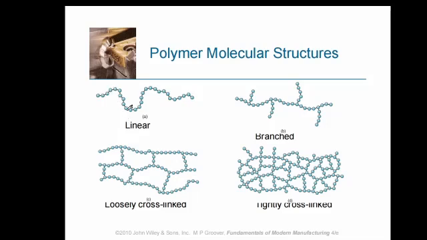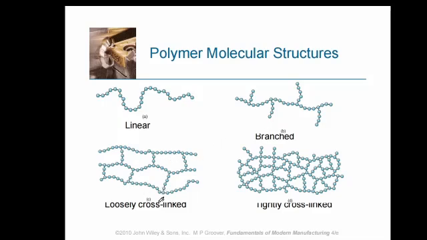The linear type is a single chain of monomers joined together, and this chain is usually flexible. A branched structure is a chain that has branches that are growing out of the main polymer backbone or main chain.